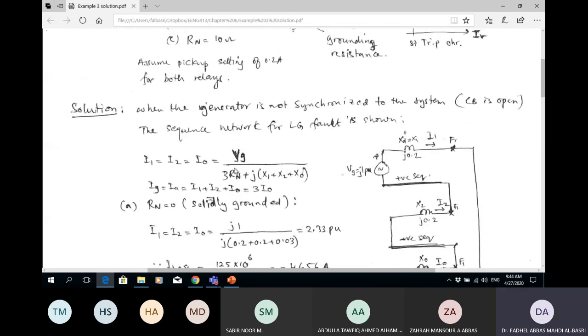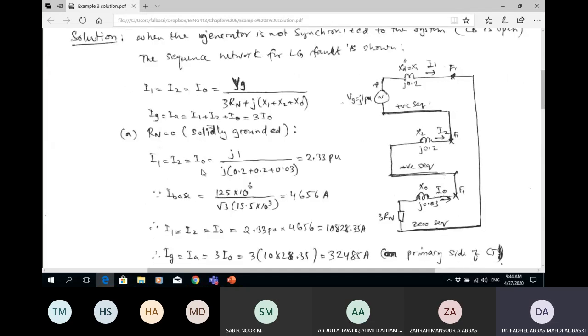Here I found the currents, and for the solidly grounded fault, Rn is 0. Having found the current, I base it, because this is in per unit, on the rated current of the generator.